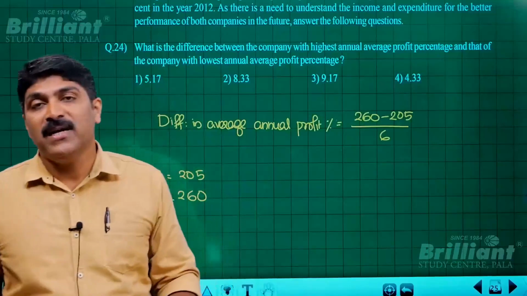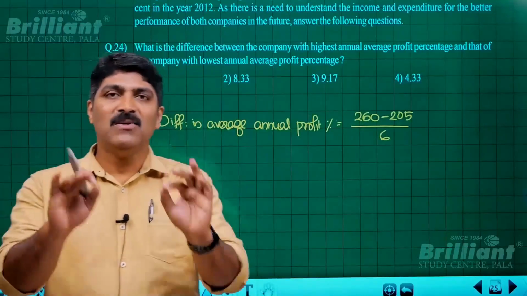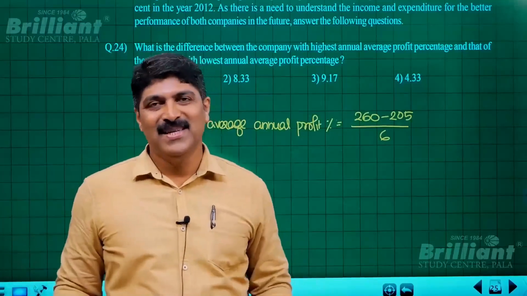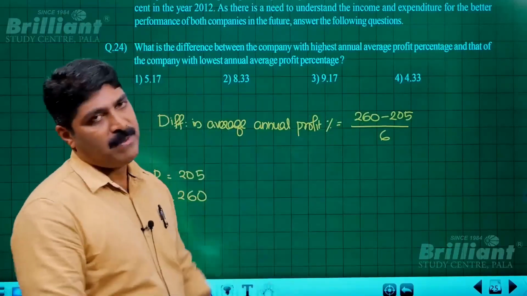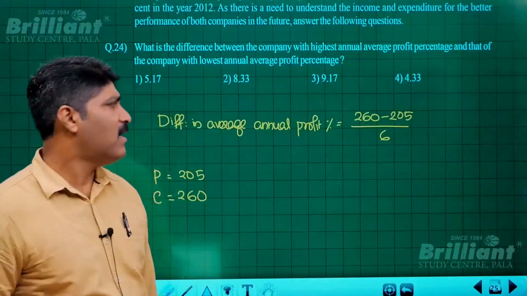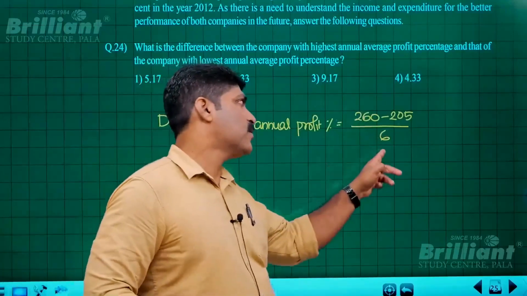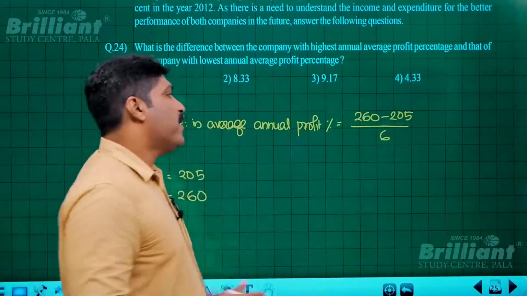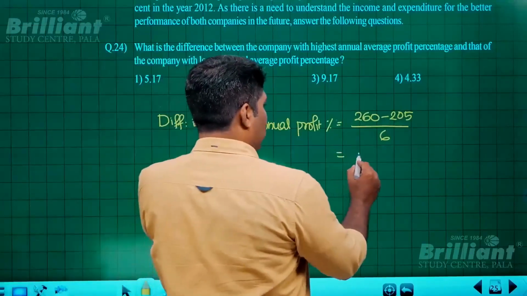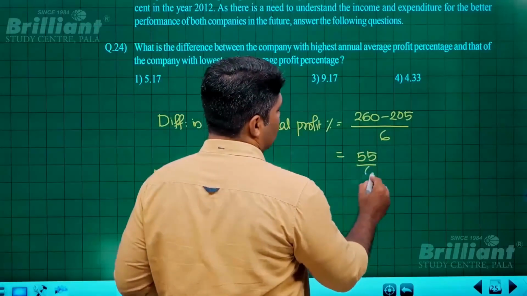That is the average of all the profit percentages. We have to find the difference between those two averages. Instead, we can consider 260 by 6 minus 205 by 6, both are the same. The difference is equal to 55 by 6.